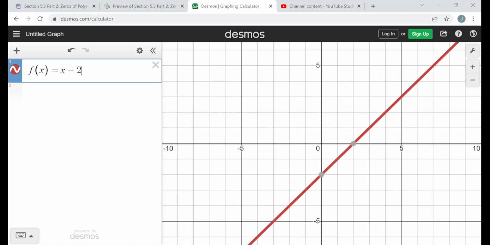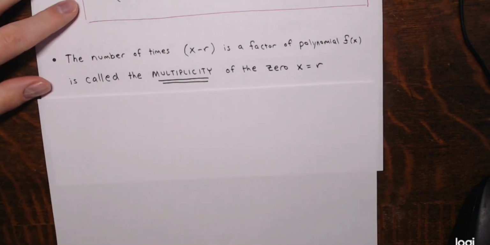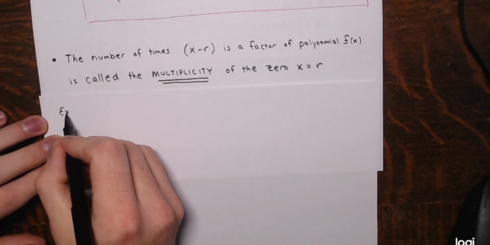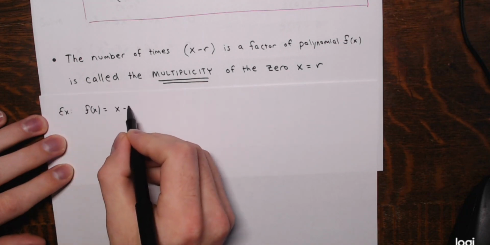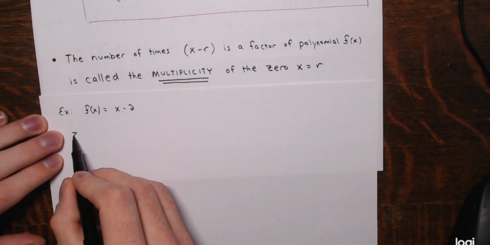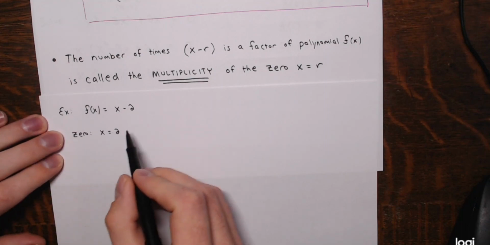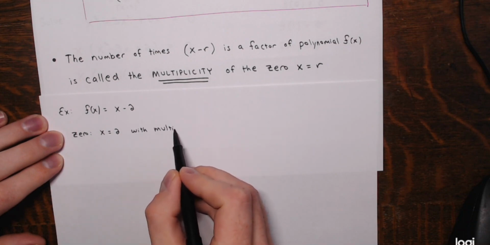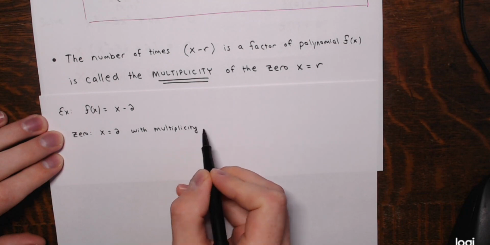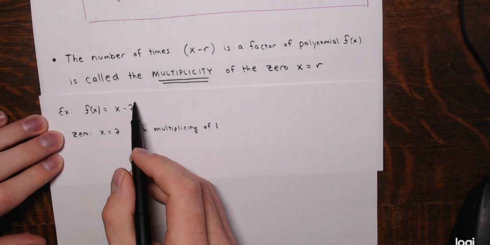It crosses over, and I'll draw this out too. So for example, if we have f of x equals x minus 2, this has a 0 of x equals 2, and the multiplicity of that 0 is 1, because it's x minus 2 to the first power.